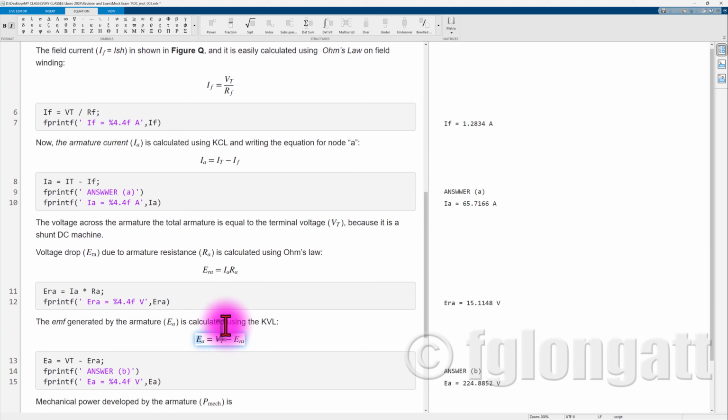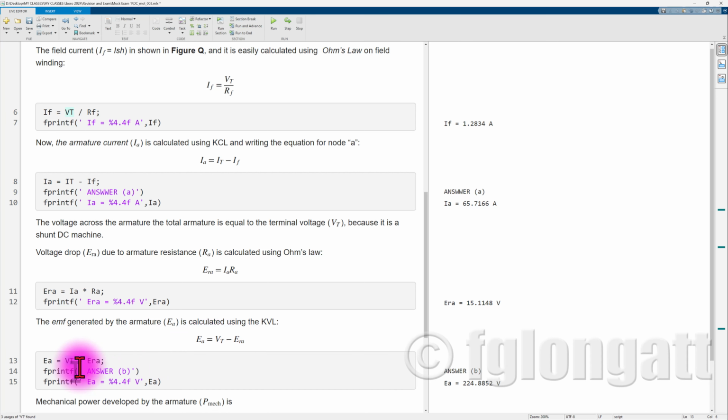Finally, using Kirchhoff's voltage law, we can obtain the EMF created at the armature, and that will be the terminal voltage that we already know, 240, minus the voltage drop across the armature resistance, 15.1.